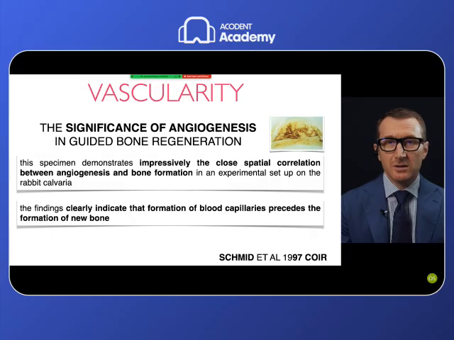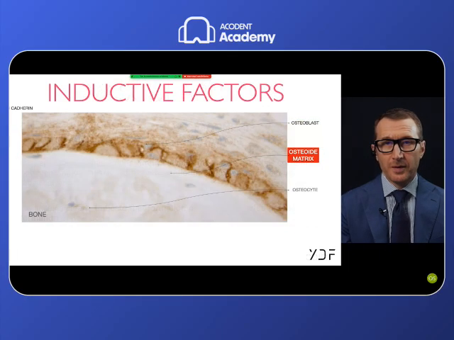Even if the vascular support is coming from the soft tissue, these perivascular cells may turn into osteoblasts and not necessarily into fibroblasts. Everything will depend on the local environment that these cells are going to find in the wound area.